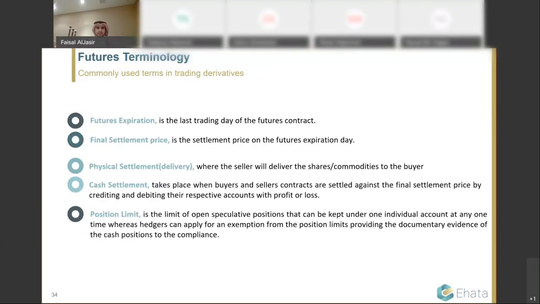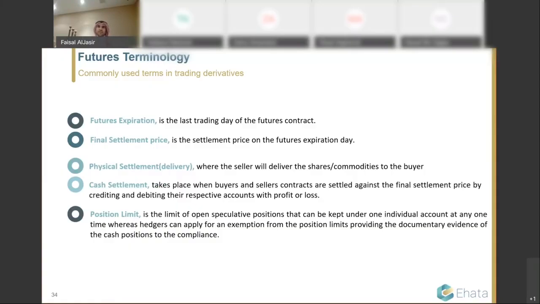Future expiration is the last trading day of the future contract. Final settlement price is the settlement price on the future expiration day. In physical delivery, you are accepting delivery of that physical underlying. In the case of an index, it's cash settled. But when you hear the word physical settlement, imagine it's not an index that is underlying.